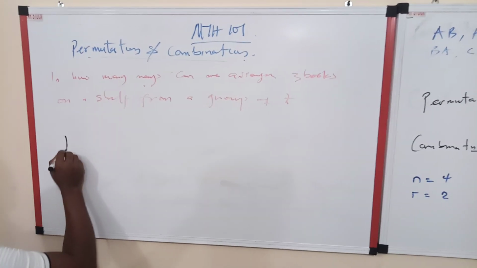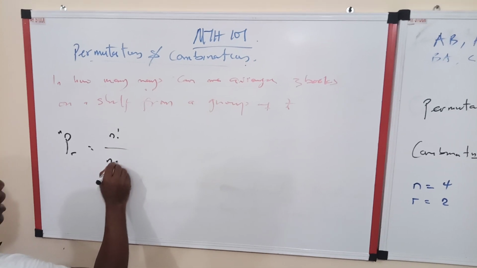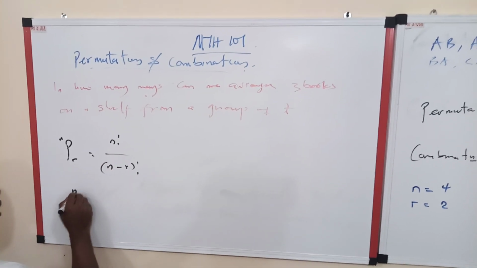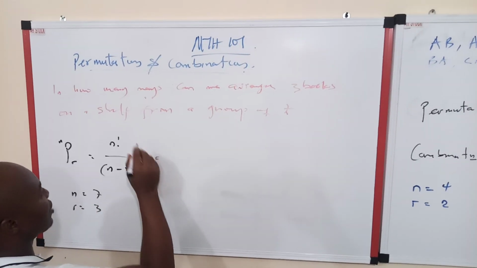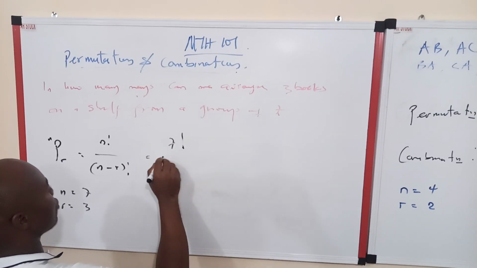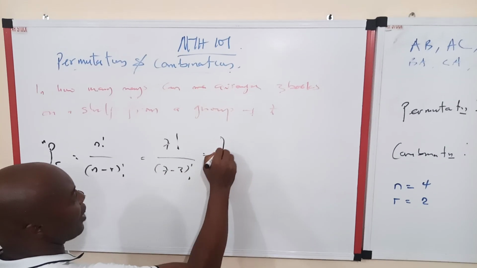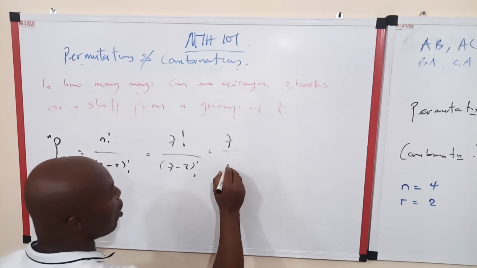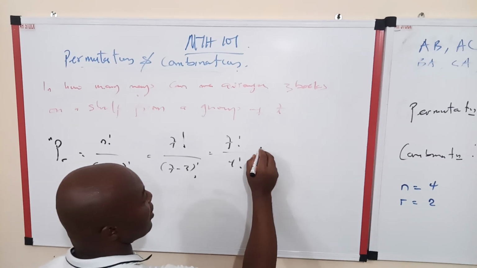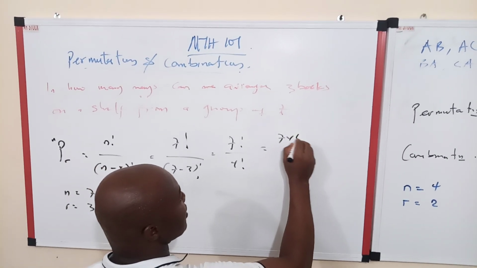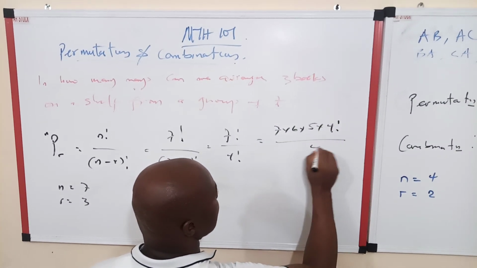So we say nPr is the same thing as n factorial over (n minus r) factorial. Our n is equal to 7, our r is equal to 3. So we can write this as 7 factorial over (7 minus 3) factorial, which is 7 factorial over 4 factorial. This is the same as 7 times 6 times 5 times 4 factorial over 4 factorial.